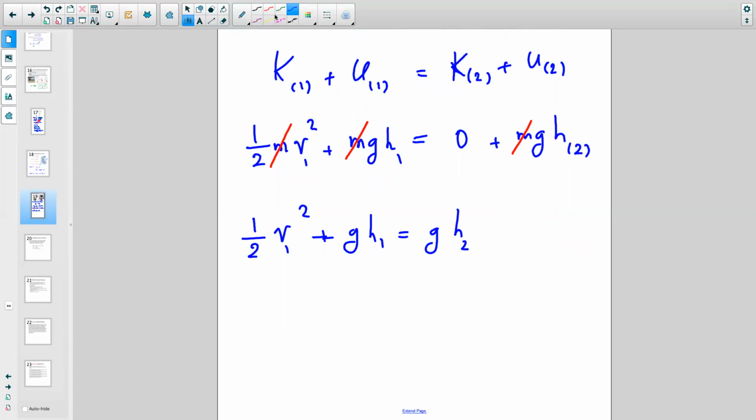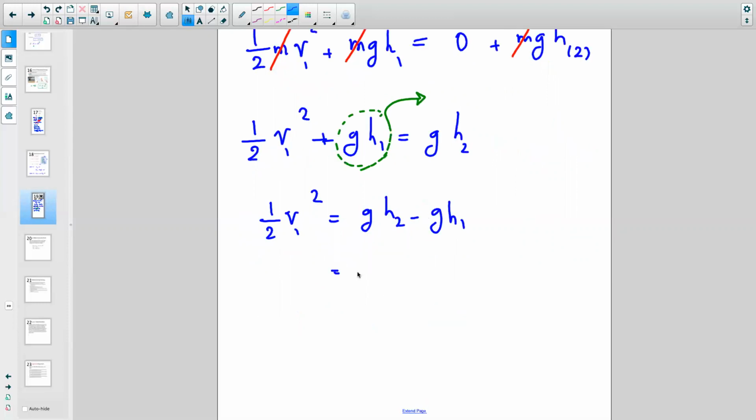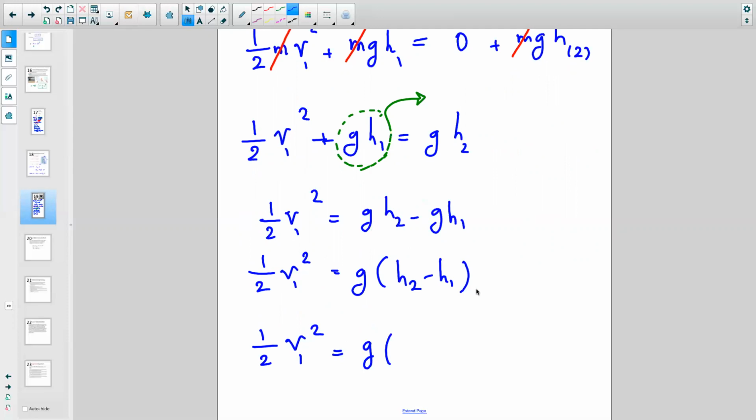Let's bring this g h1 to the other side of the equation. So I have half v1 squared equals g h2 minus g h1. I'm going to factor out g here: half v1 squared equals g times (h2 minus h1).